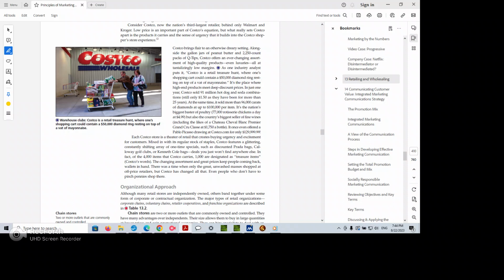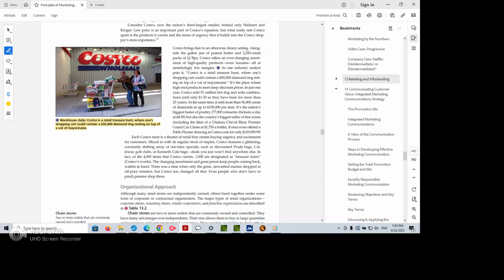Now, this is just one example, Costco. And by the way, it's also known as a warehouse club. So when you go in, it basically looks like a warehouse. So it's not as much service.